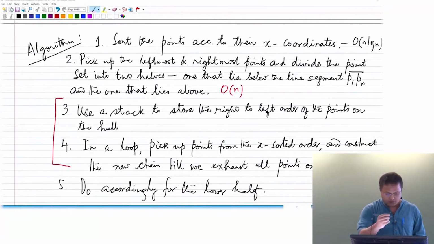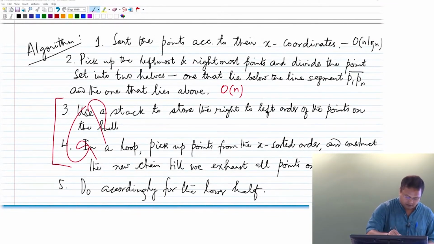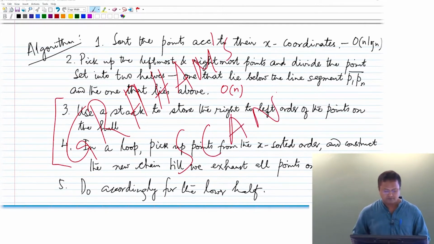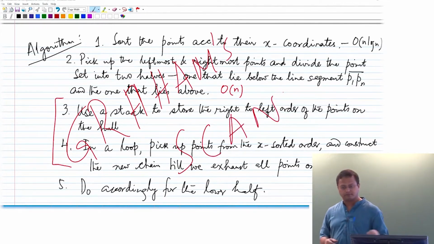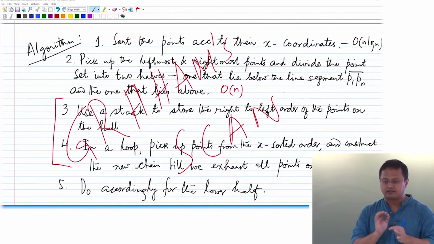This algorithm is known as Graham's scan algorithm. The beauty of this algorithm is just this nice amortization that sits inside it.